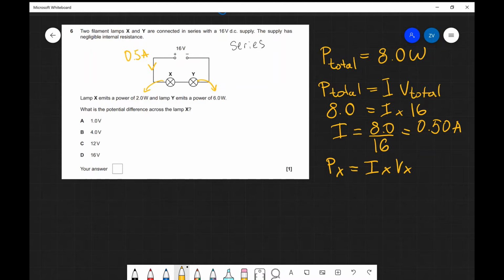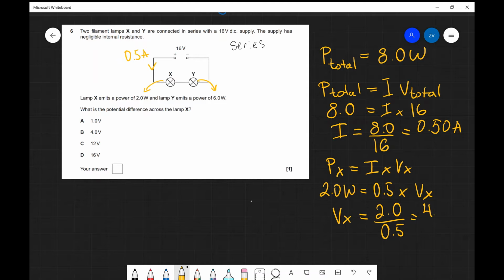The power across this bulb is 2.0 watts, which equals 0.5 amps multiplied by the potential difference we're looking for. Let's rearrange for the potential difference, which is 2.0 over 0.5, giving us 4.0 volts.